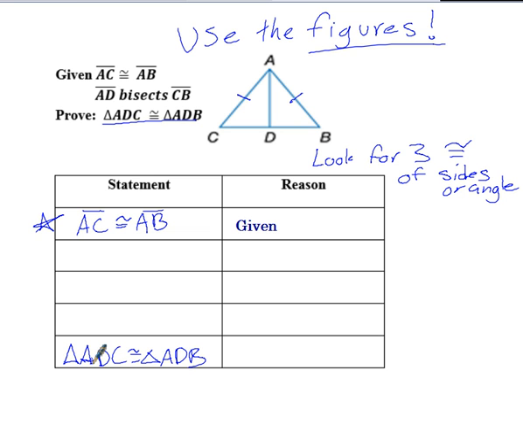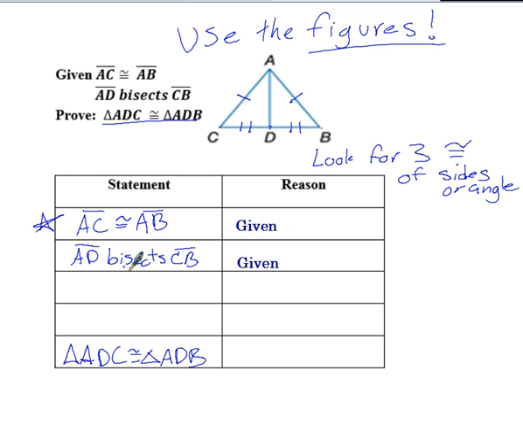Okay. So my next given is that AD bisects CB. Why do I know that? That's also given to me. Remember our hint that we're using a vocab word, bisect. So what does it mean to bisect? Well, if AD is bisecting CB, that means that these two pieces here, CD and BD, are going to be congruent.